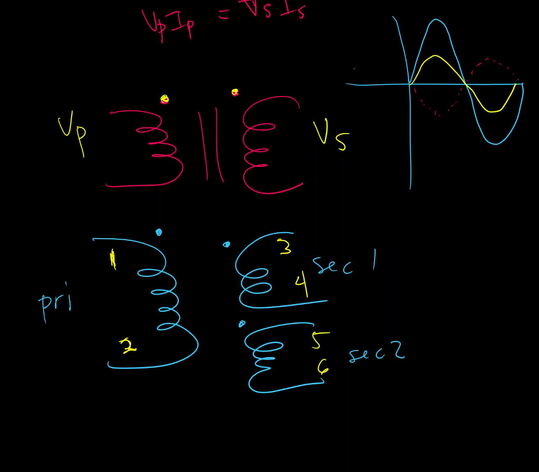But remember that these coils are not physically connected, right? They're inductively coupled, but they're not physically connected, which means if I measure resistance between 4 and 5, that should be an open circuit, right? Because they're not actually connected. So if I did get a reading there, that would mean that something had shorted internally, and that would be a mistake.